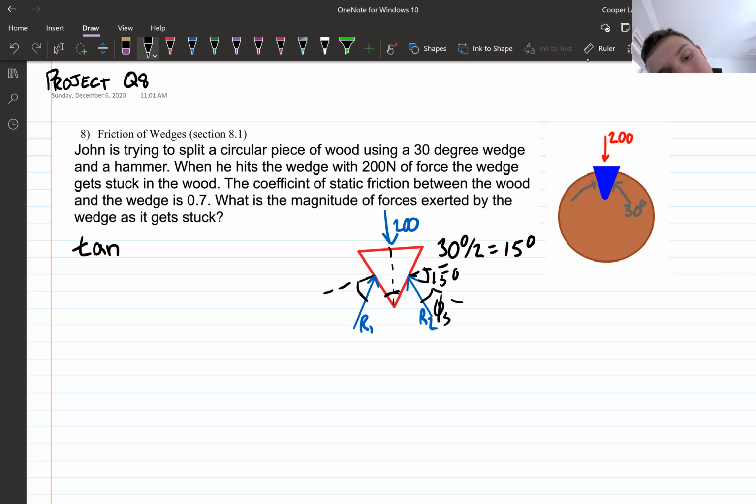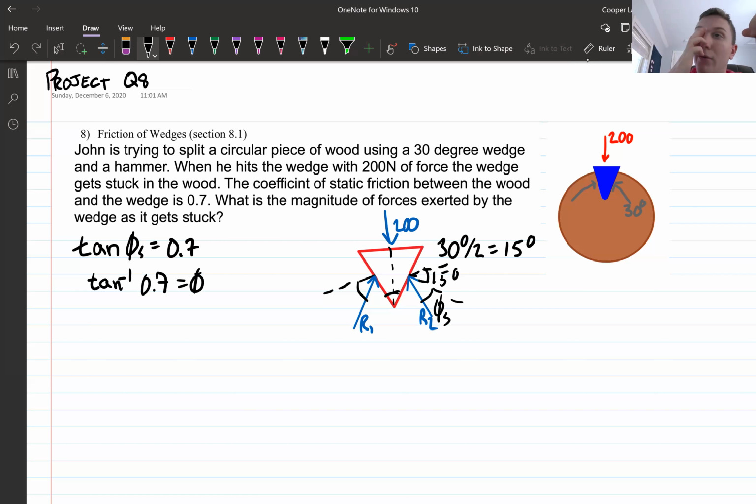So given that, tan of phi sub s equals our static friction coefficient. Now we take the inverse tan of that so we can get our phi value. So inverse tan of 0.7 equals phi. When you do this out, you get phi is approximately 35 degrees.